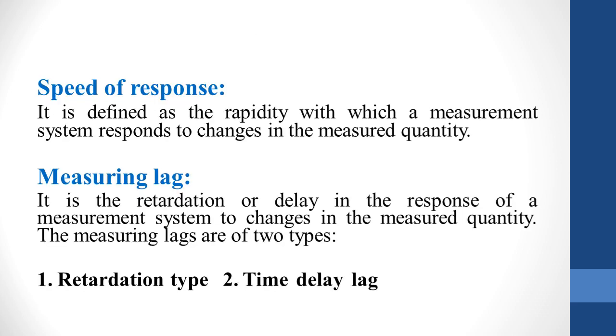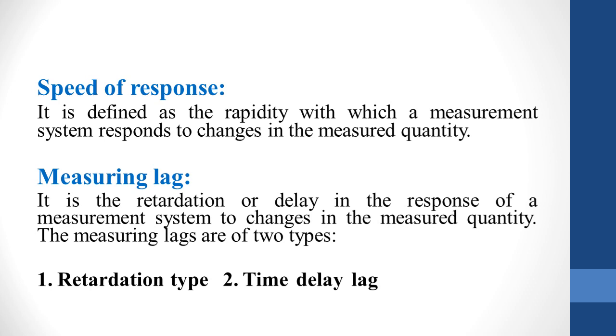Sensitivity. Sensitivity denotes the smallest change in the measured variable to which the instrument responds. It is defined as the ratio of the changes in the output of an instrument to a change in the value of the quantity to be measured. Linearity. It is normally desirable that the output reading of an instrument is linearly proportional to the quantity being measured.